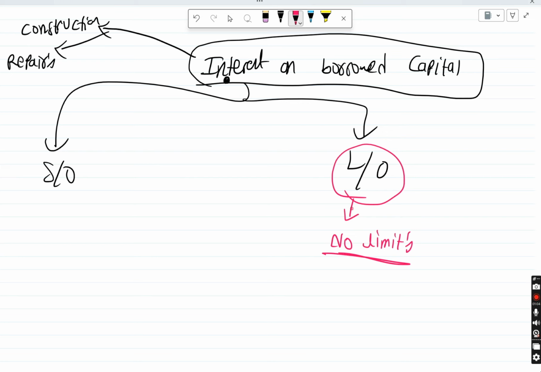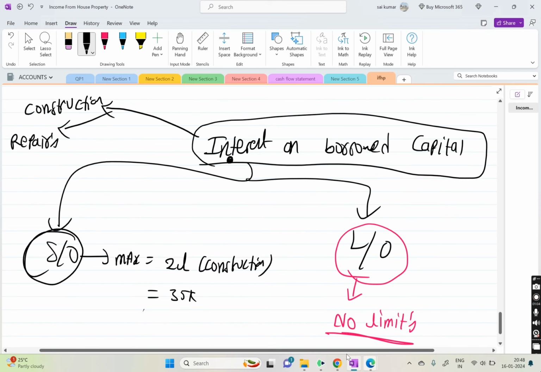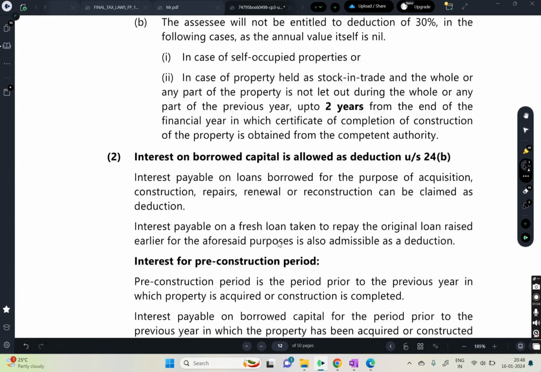But if it is a self-occupied property, maximum you can claim only 2 lakhs. This is for construction. Then for repairs you can claim only, I think 30 or 35, just let me check.